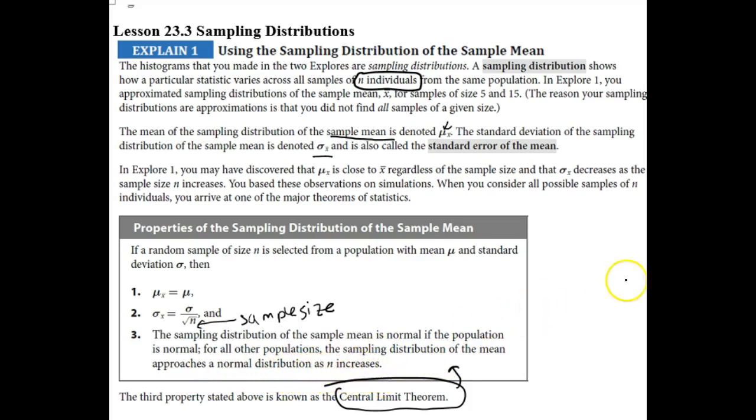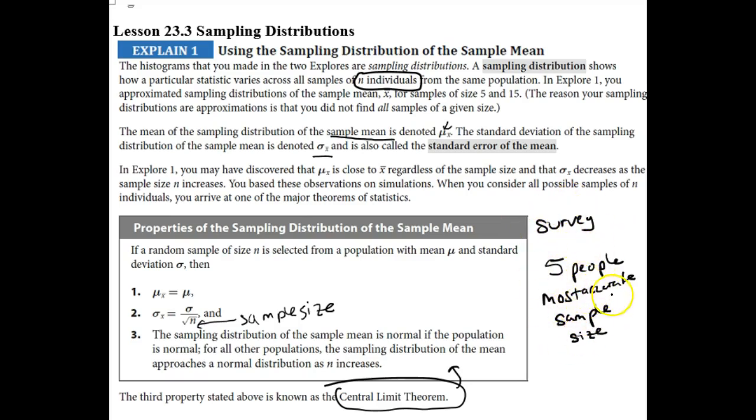Just so you know, let's say I poll 5 people in my survey. Well, that's probably not going to be the most accurate sample size, because just asking 5 people, they're going to have just a few different answers. It doesn't matter what I'm asking them.